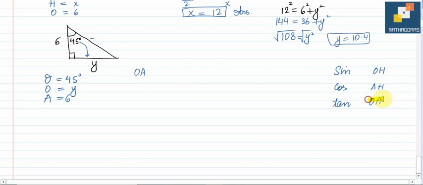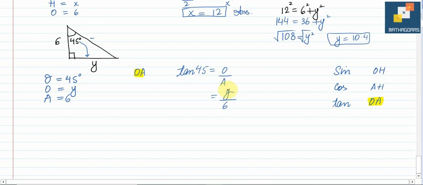So we have found that opposite and adjacent come in tan. That's why we need to apply tan here. Now tan, angle is what? Angle is 45. Opposite divided by adjacent, that is the general working formula. Opposite in our case is y and adjacent is 6.